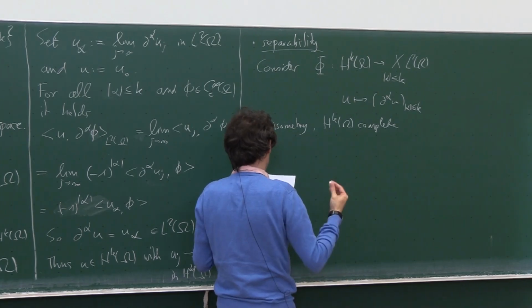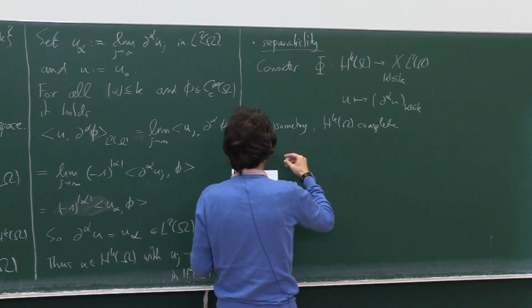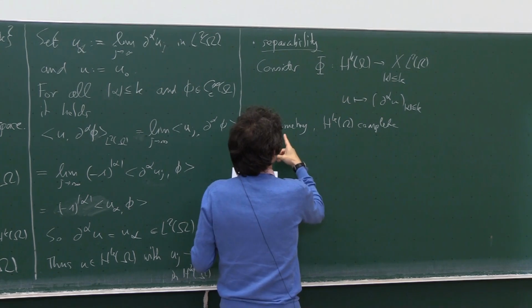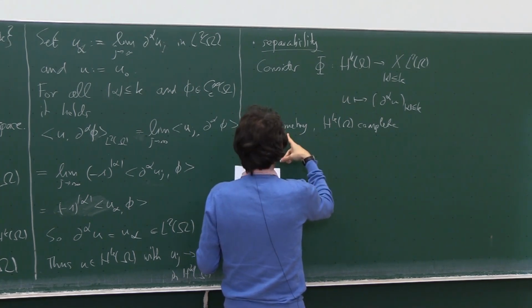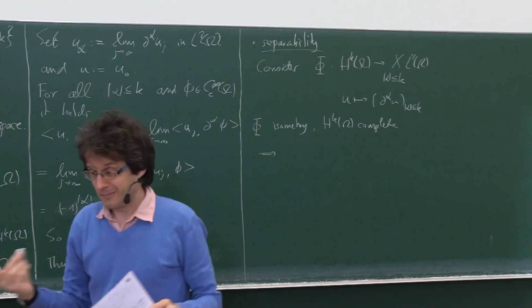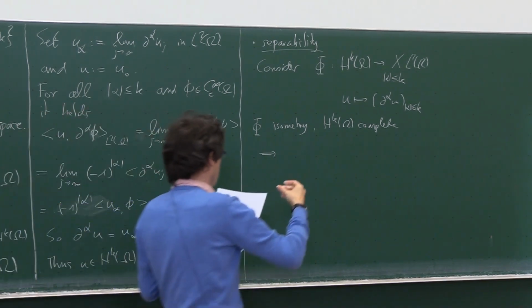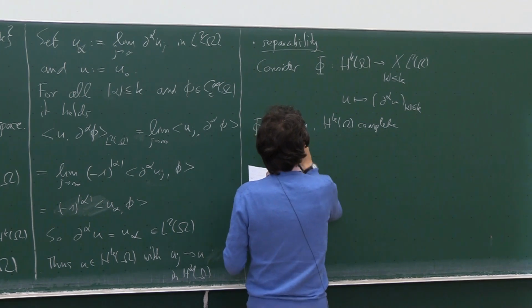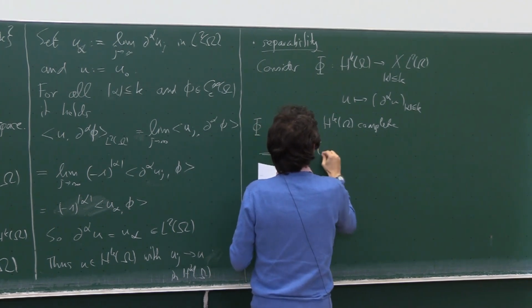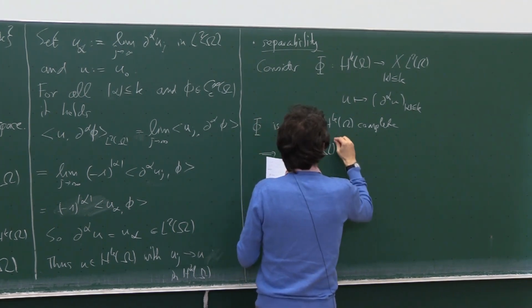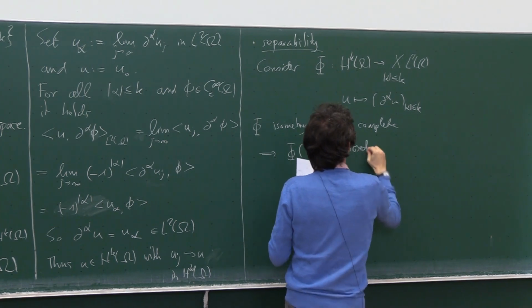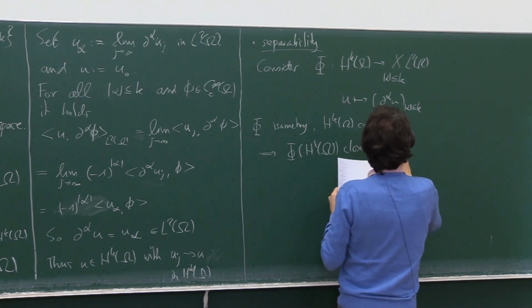And now putting in that we already know that Hk is a complete normed vector space with a scalar product, so it's a complete space. If you take a complete space into an isometry, which is in particular bijective onto its image with an inverse that is also an isometry, what you get is that the image of Hk is a closed subspace in this product space.